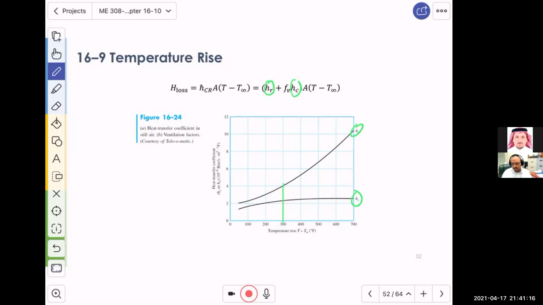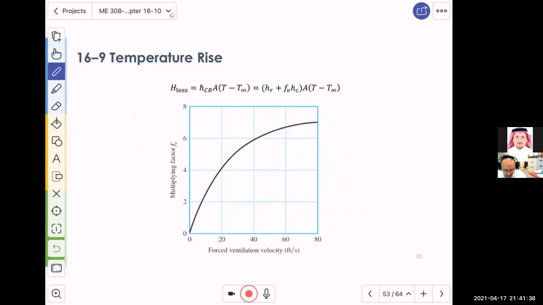So you will see that probably the problem is inherently iterative. But let's assume that you know the temperature rise. When you know the temperature rise, you should be able to find what is HC and what is HR. What is FV? FV has another curve.